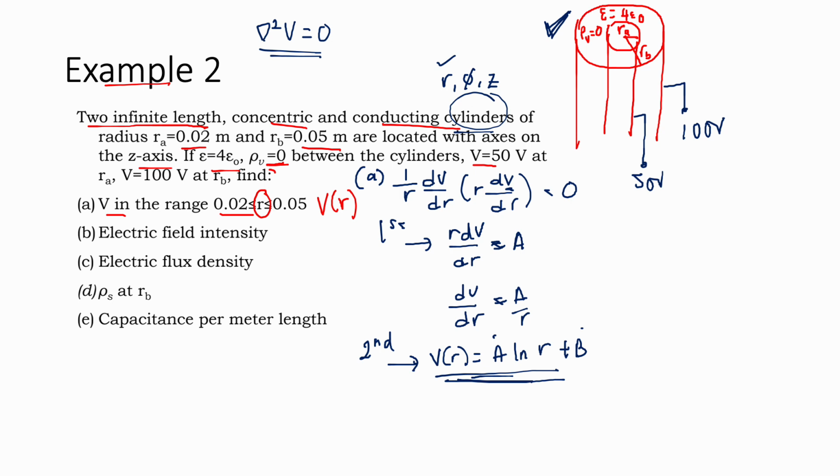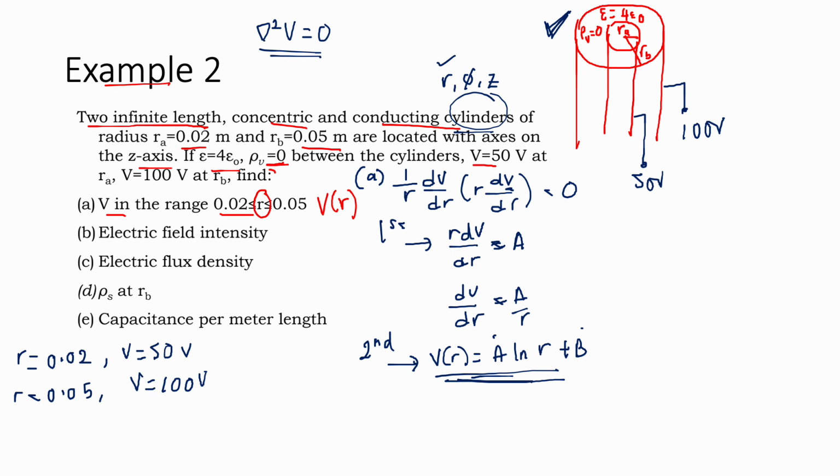Based on the information from this question, when R is equal to 0.02, the value of V is 50 volts, and when R is equal to 0.05, V is equal to 100.